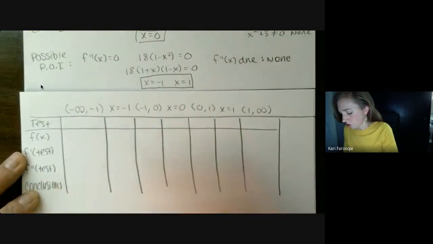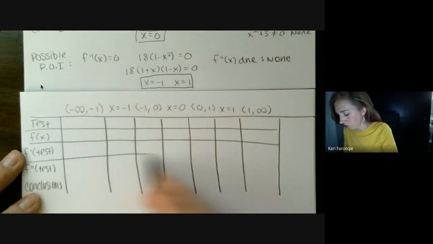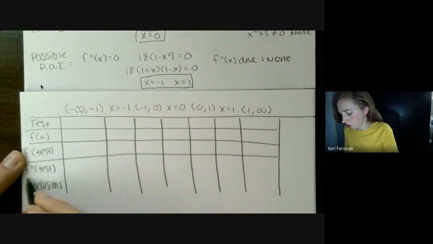I'm trying to make my charts neat here so that I can keep all the information organized and I don't have a bunch of numbers running into each other.